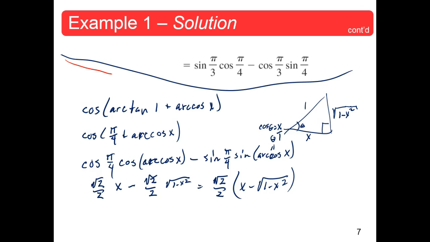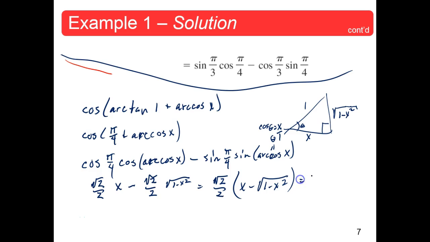Make sense? Okay. Let's see how the book did it. Oh my goodness, what in the world did they do? Okay. What they did, they multiplied everything by root 2, I think.